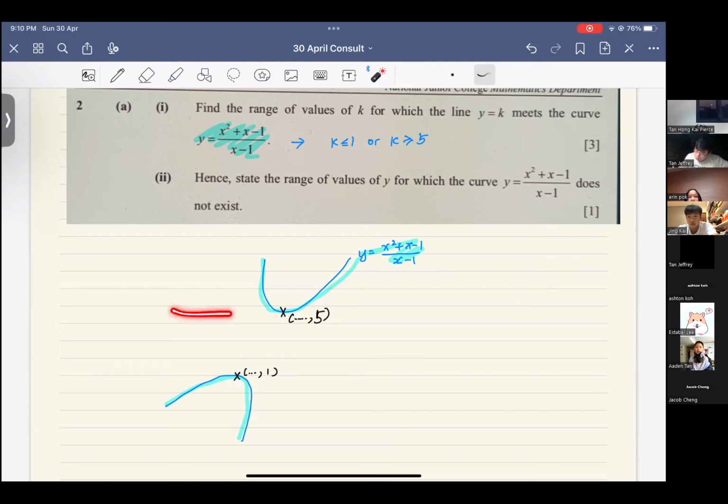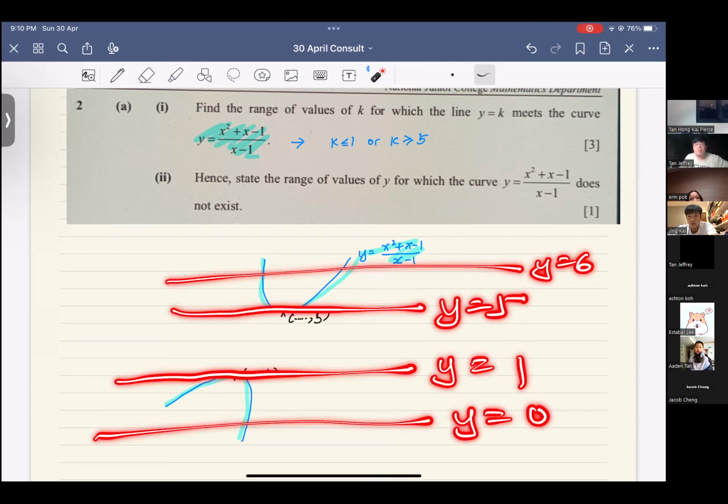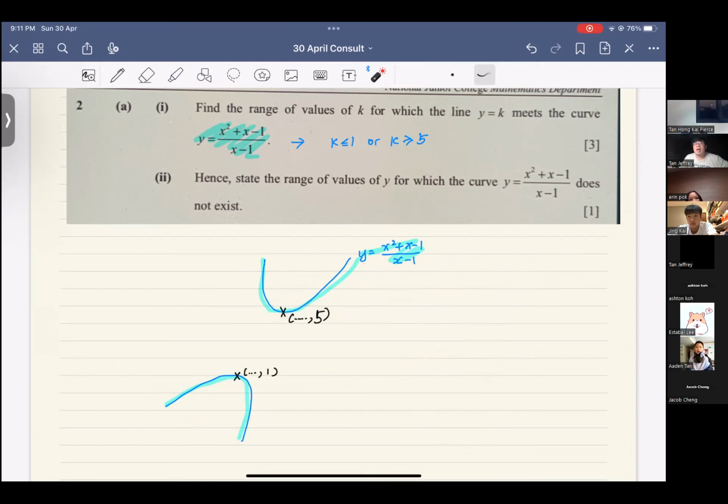If I draw y equals 6, it will meet. If I draw y equals 1, it will meet. If I draw y equals 0, it will meet. So as long as my k is outside 1 to 5, the horizontal line will definitely meet the curve.